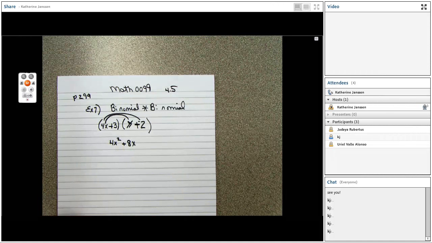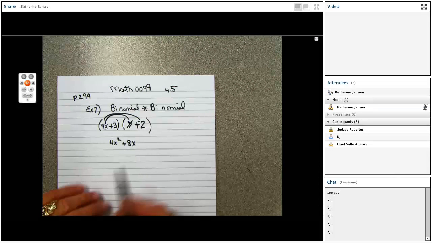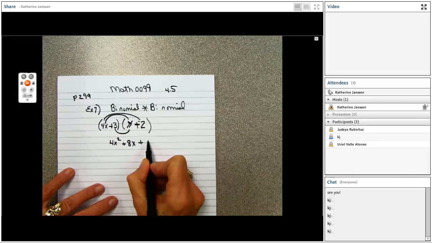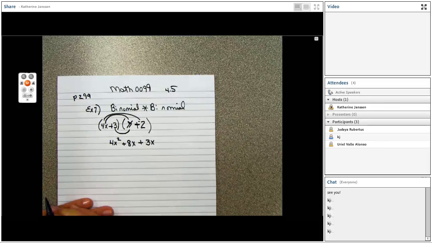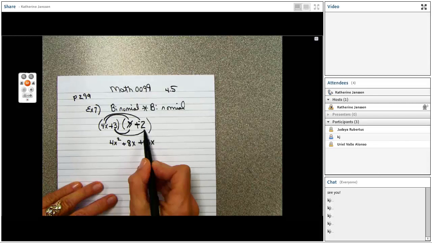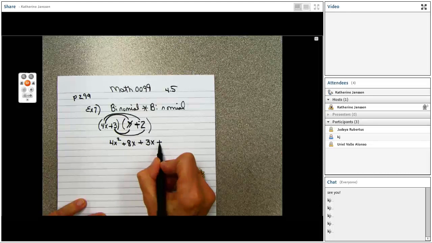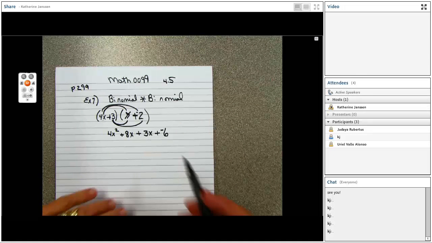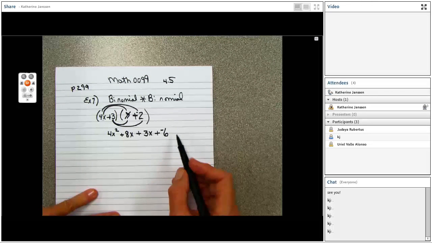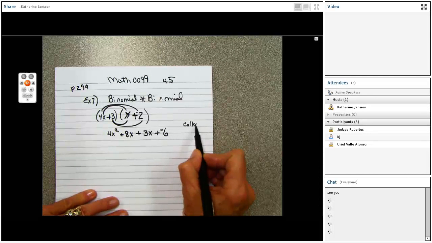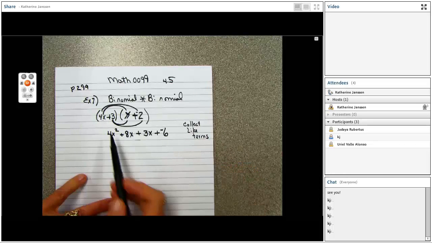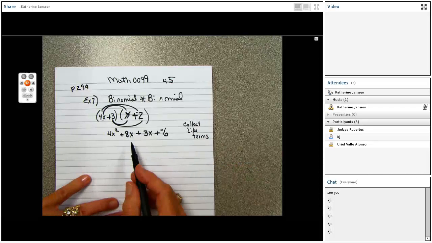I need to multiply every term in the first binomial times every term in the second binomial. So 3 times x would be 3x. And distribute 3 times the next term, and that'd be a negative 6. When we're multiplying polynomials, we always check to see if we can collect like terms. Because we've expanded this, there may be some like terms.